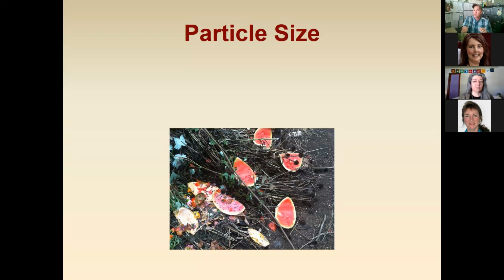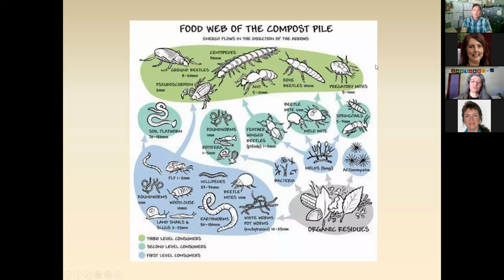Jason, I'm not sure if you see in the chat box, Ardith is wondering, on the previous slide, are there any organisms that you don't want in your compost pile? Yes, that's a great question. So pretty much anything on this is good. What you really don't want, obviously, are your macroorganisms, rats is the biggest thing, mice, and some of the large vertebrates, raccoons and things like that.